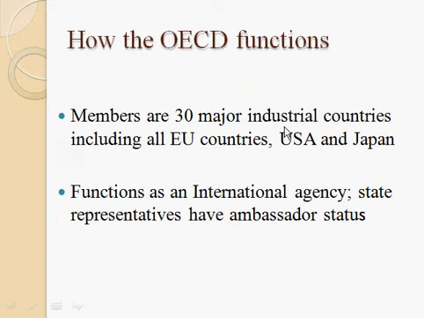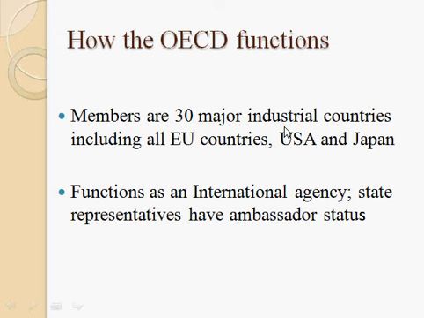So let us understand what OECD does for us. There are 30 members, 30 major industrial countries, including all EU countries, as well as USA and Japan, who are signatories on OECD principles. OECD functions as an international agency.